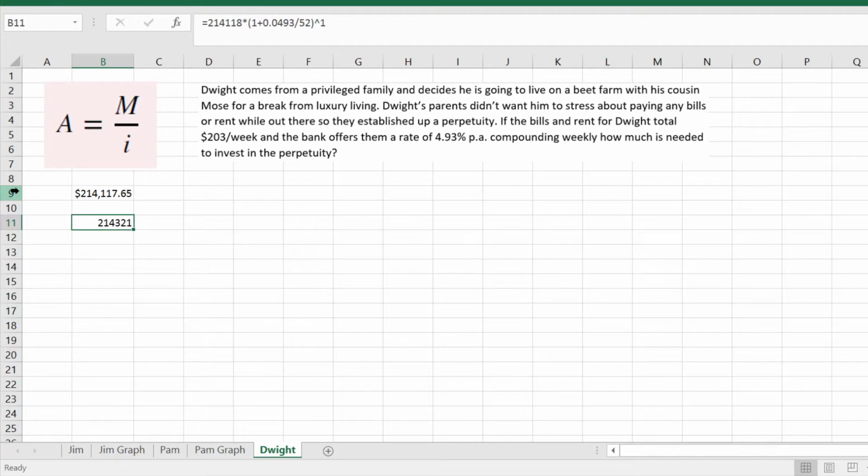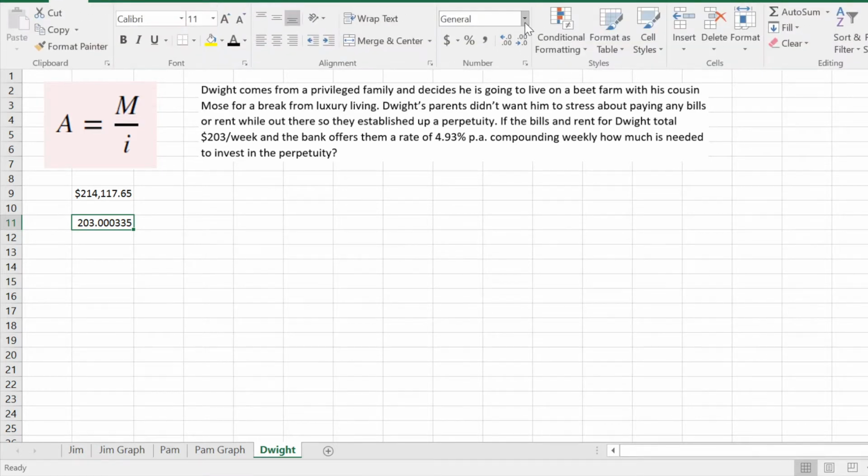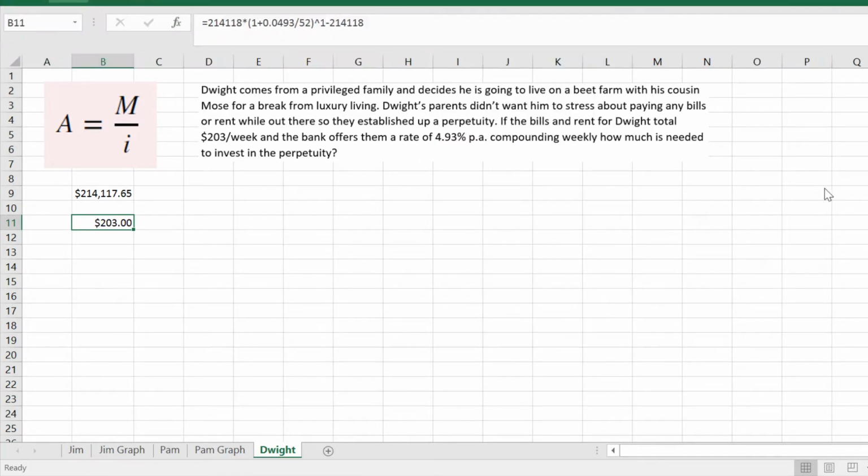Now, to work out just the interest for this amount, we take away the original principal, $214,118. Notice how that gives us $203, and we're just going to round that to 203. So what this effectively does, if you were to draw this on a graph, every single week you would earn $203 interest and then take it away straight away.